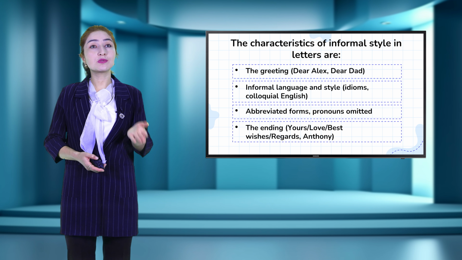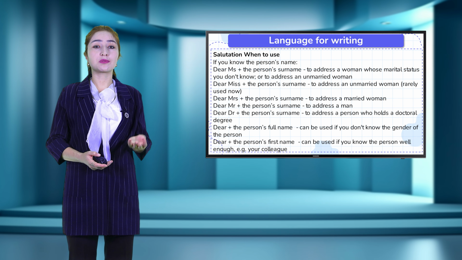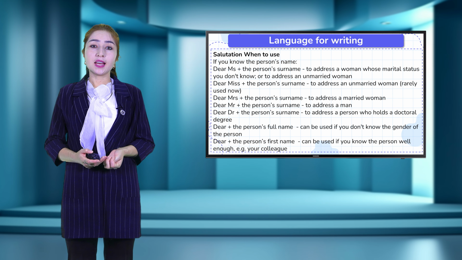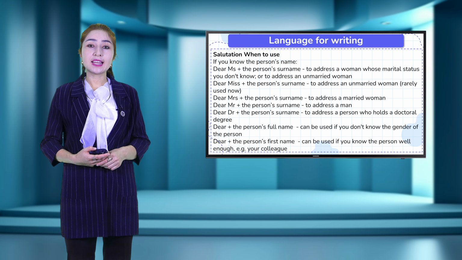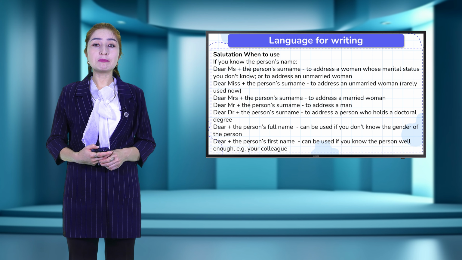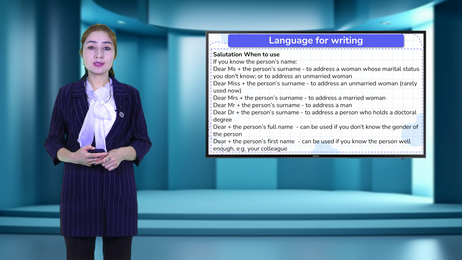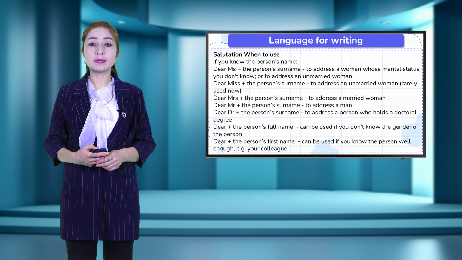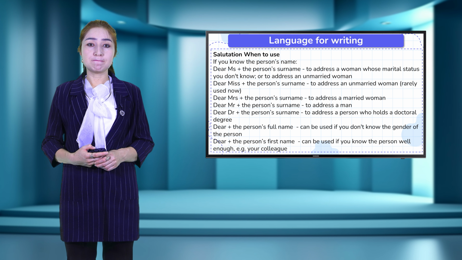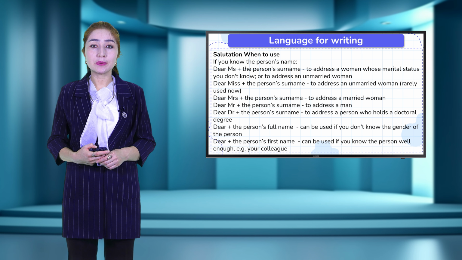Here also, I would like to give you some information about the language for writing. For example, you can write with a salutation. If you would like to start your letter with "Dear Mrs." followed by the person's surname, you can address a woman whose marital status you don't know.